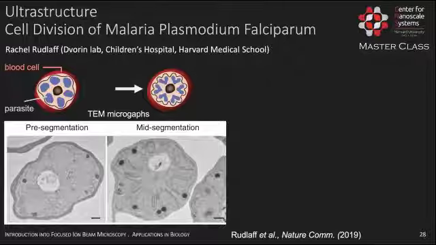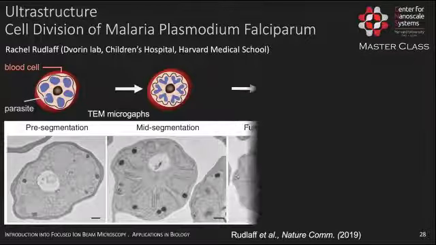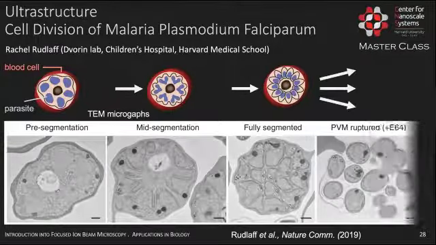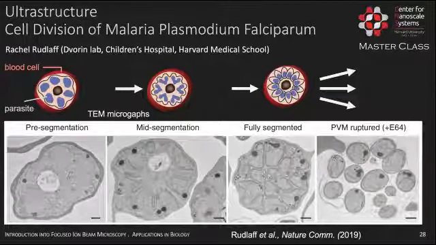And it is doing that by moving the membrane towards the center and encapsulating the inner organelles. At some point, it will have finished that process. It's pinching off in the center, and then you have up to 30 daughter cells that then break out of the blood cell and are ready to infect more blood cells.